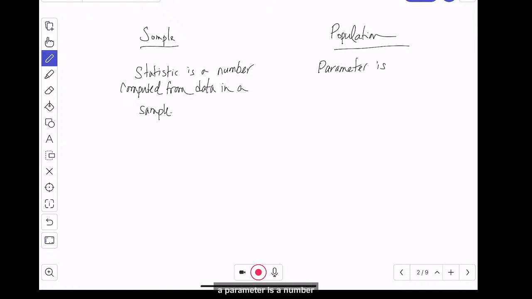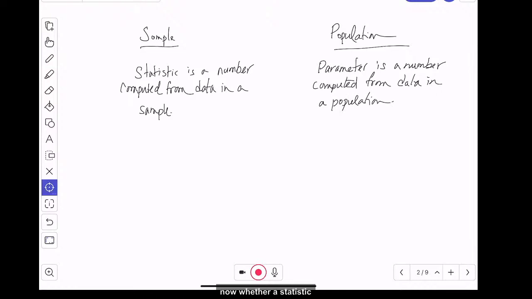A parameter is a number computed from data in a population. Now, whether a statistic is a good estimate of a parameter depends on a number of things, and one of those is how good the sample is, how representative it is of the population.